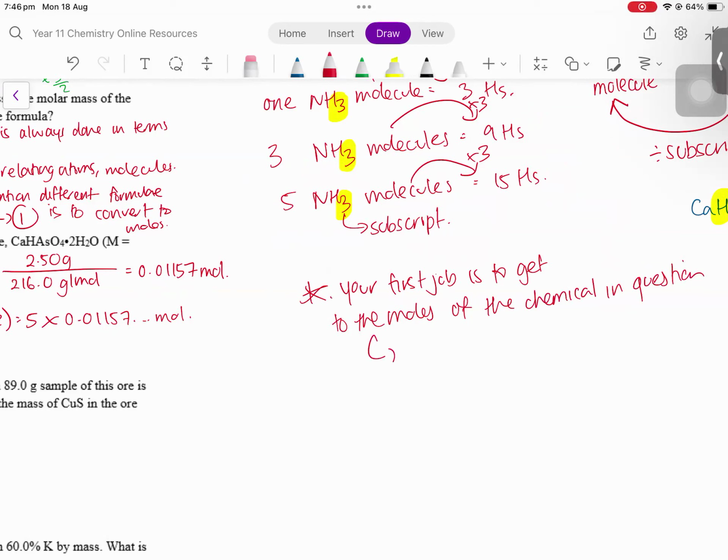Once you've done that, then convert to whatever variable they want, whatever variable the question asks for. Go moles first, then whatever they ask you for afterwards, not the other way around.